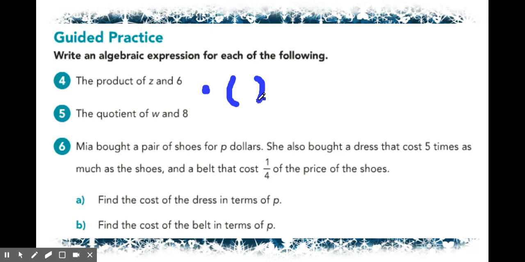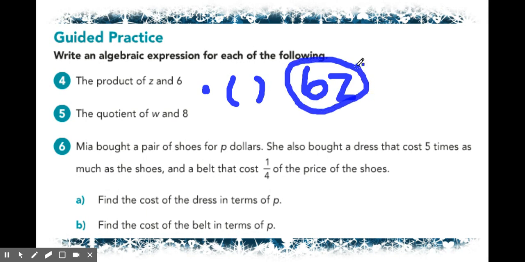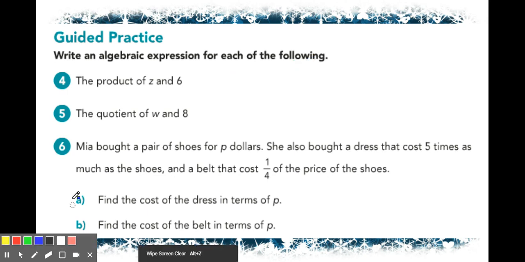But now that we're working with algebra, whenever I have a number and a variable being multiplied by each other, it should now look like 6z. Because remember, when we have this coefficient and the variable touching, it means that this is being multiplied. So 6z. This is what the expression should look like.